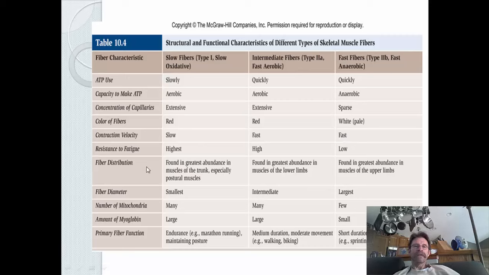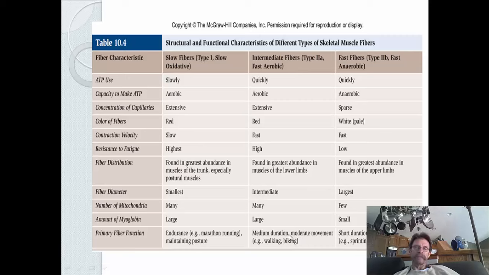And then the last thing we want to look at is the primary fiber function. Well, if I have slow fiber types, you're going to see that mainly in the marathon runners, the distance runners, distance swimmers, maybe most swimmers, because even though the sprinters in swimming move pretty darn fast, the amount of times that the muscles contract isn't the same when you compare it to, say, a sprinter in running. A medium duration is the fiber function of this intermediate type.